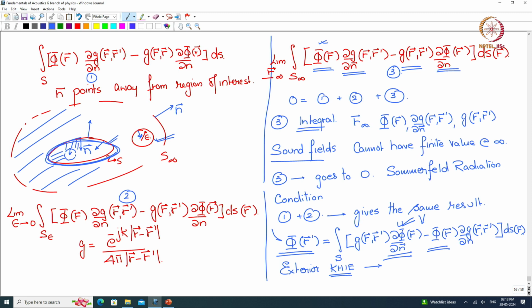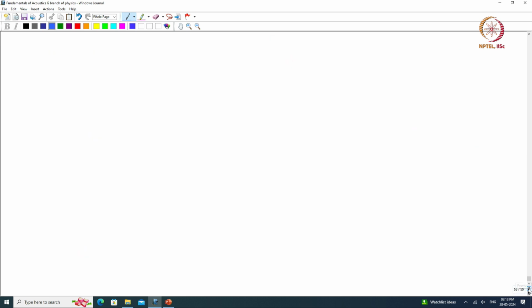Now there is something to be said about this issue that we introduce a singularity at r dash, and we also have a sound field due to sources that cause the sound field phi.